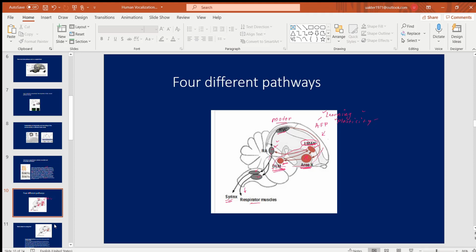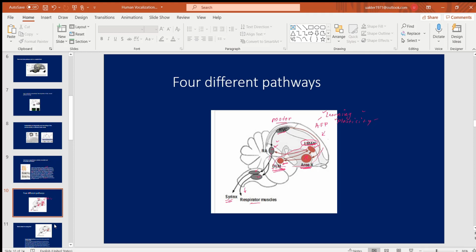So you can further study the individual functions of these areas, and they have specific functions, right? So if you inactivate area X in juveniles, that prevents crystallization.